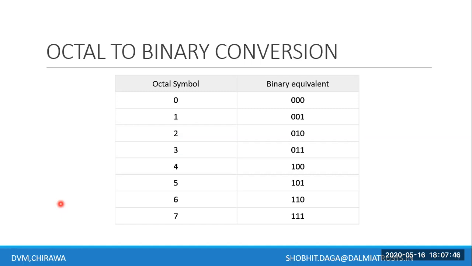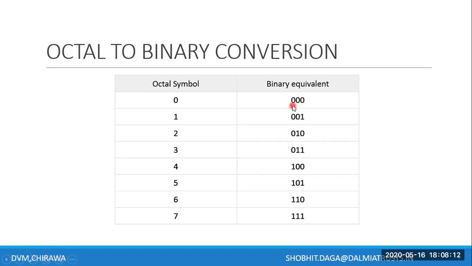We'll move forward to our next example of octal to binary conversion. Well, this table may be something similar to what you have already seen in the second slide, where we talked about all the 4 number systems. The only difference being that when you write numbers from 0 to 7, their binary equivalents can be written with the help of only 3 bits.